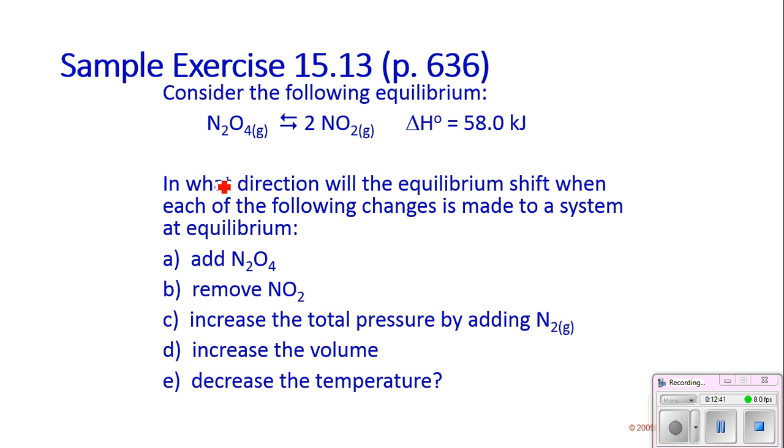We're going to have the same partial pressure of each of the gases in the reaction itself. So adding N2 is going to do nothing to the equilibrium. There's going to be no shifting. Even if this was a closed container, we are going to increase the total pressure, but we're not increasing the pressure of either of the two gases, N2O4 or NO2.